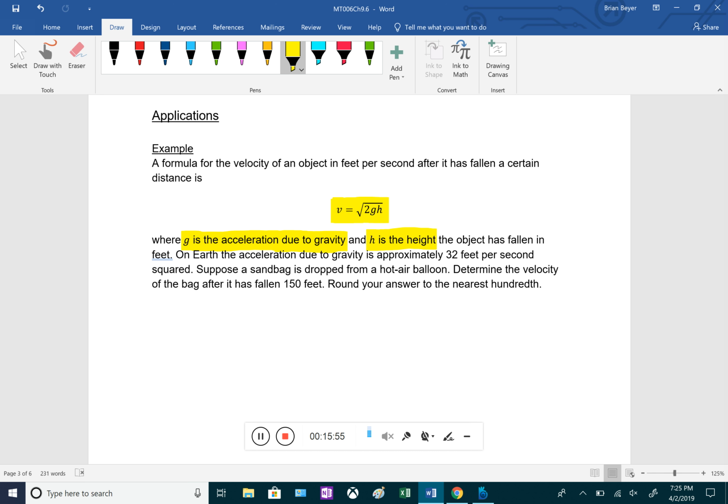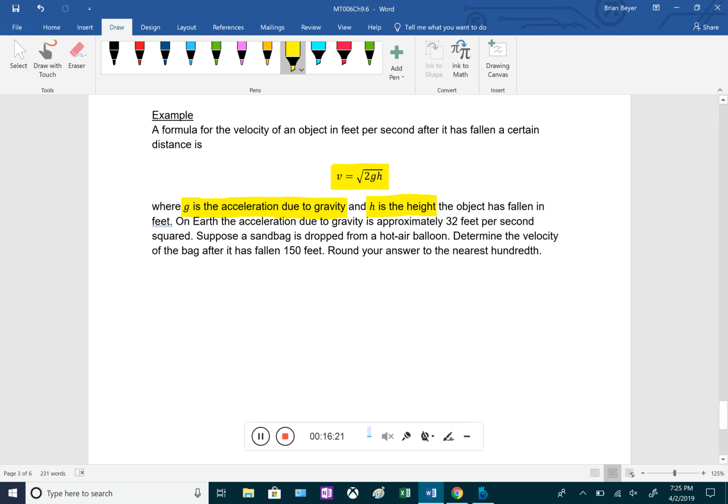So acceleration is going to be distance per unit time squared. So that is the acceleration due to gravity on Earth. So suppose a sandbag is dropped from a hot air balloon. We wanted to determine the velocity of the bag after it's fallen 100 feet towards the ground. And we're going to round to the nearest hundredth.